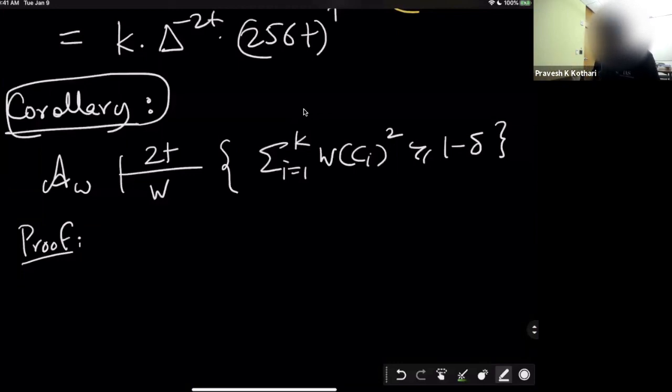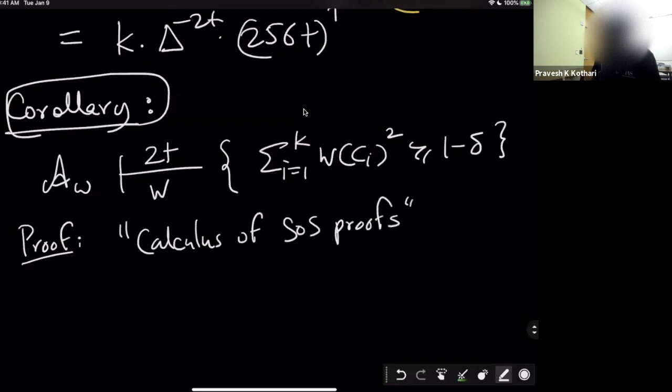And then we are combining them together by this calculus of SOS proofs that we wrote down the last time. That if you do a sequence of SOS proofs, then you can combine them all into one and get a degree bound on the proof. So I'm going to hand wave here.